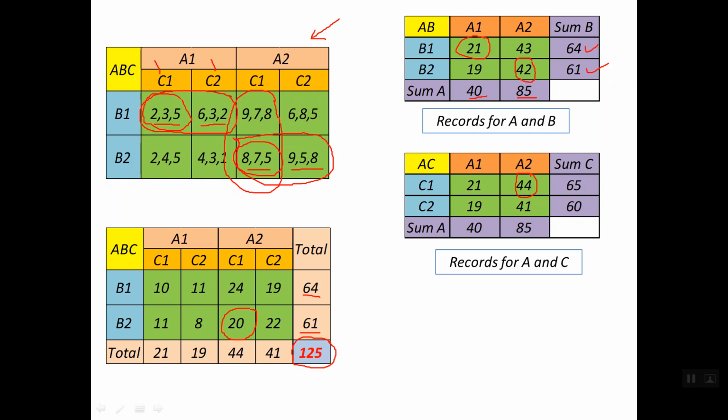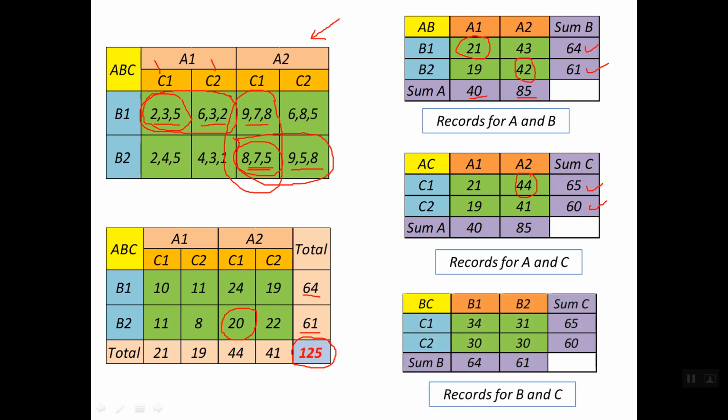So if you make a simple calculation for the sum, you will get 44, and the number of observations for A2C1 is simply 3 here and 3 here, so we have 6 observations. And we have here the sum of C1 and the sum of C2.